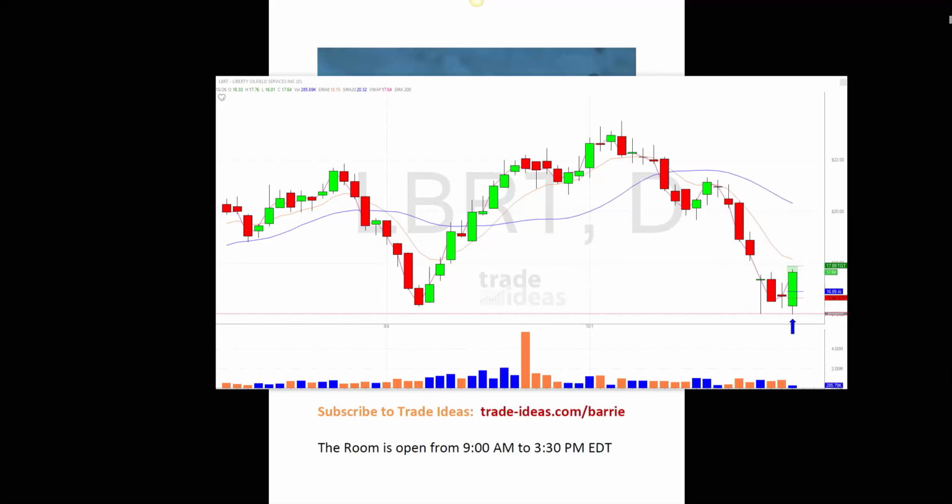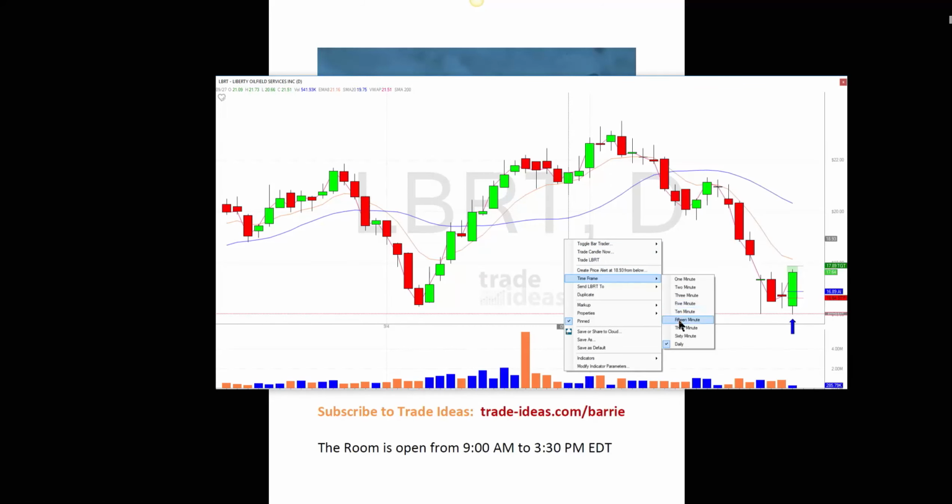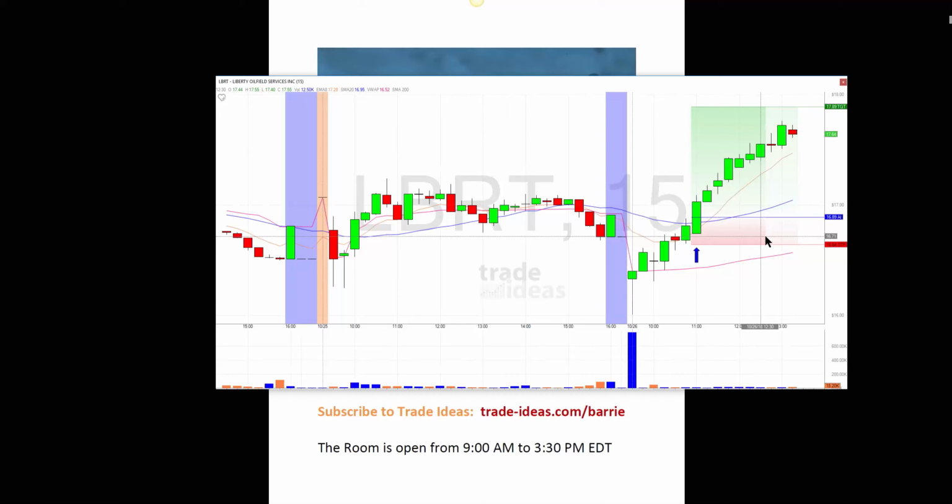So a lot of stocks are probably looking like Liberty, and I always say this is my favorite day to trade, because when you have a big gap down in the market, then a recovery, you've got a lot of people sort of bottom fishing. Especially stocks that aren't beaten down for any other reason than the market was down the previous days.